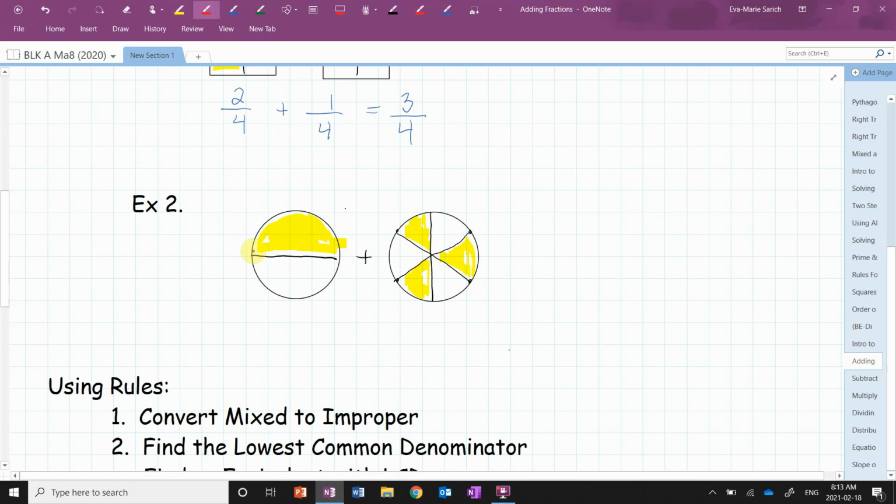Okay? So let's start. This line here doesn't occur on this pizza, so we're going to put it there. Well, what happens when we put that line there is that it takes each of these pieces and it cuts it in half. So to make the pieces all the same size, that means we're going to have to cut all of these in half as well.